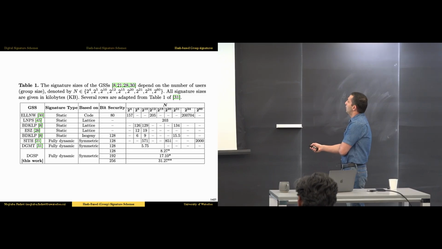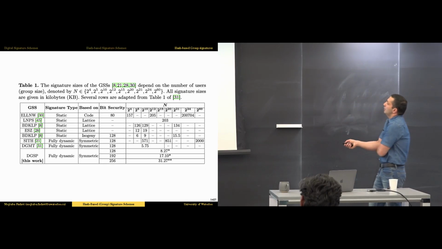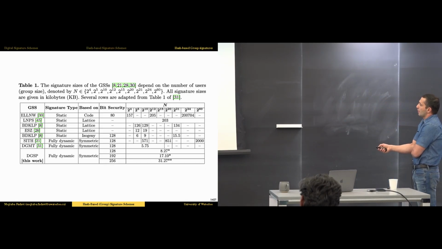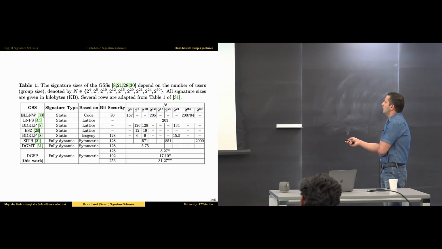But we are looking for a scheme that has a fixed signature size and can support a large number of users. It's important for us to have fully dynamic group signatures. In fully dynamic systems, constructing them is more difficult, but we don't need updating systems.